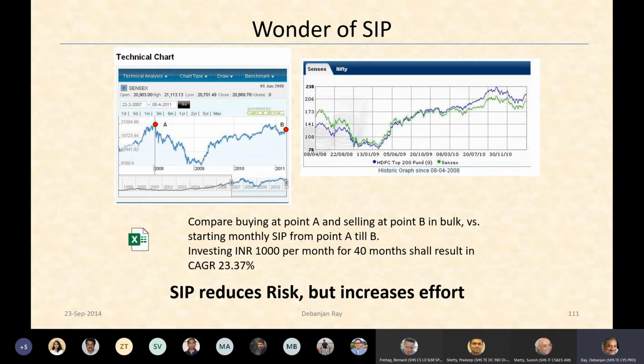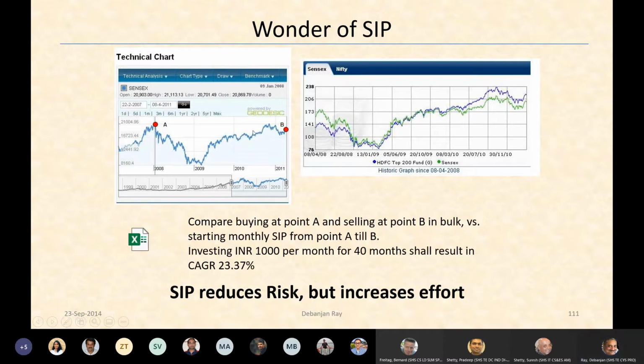Now, where is the wonder of the SIP? The SIP is actually a tool. Let me show you conceptually. Say at this point of time, this is typically the stock market during the time when there was a great financial crunch. Now COVID is another crunch. So in 2008, the Sensex is falling.